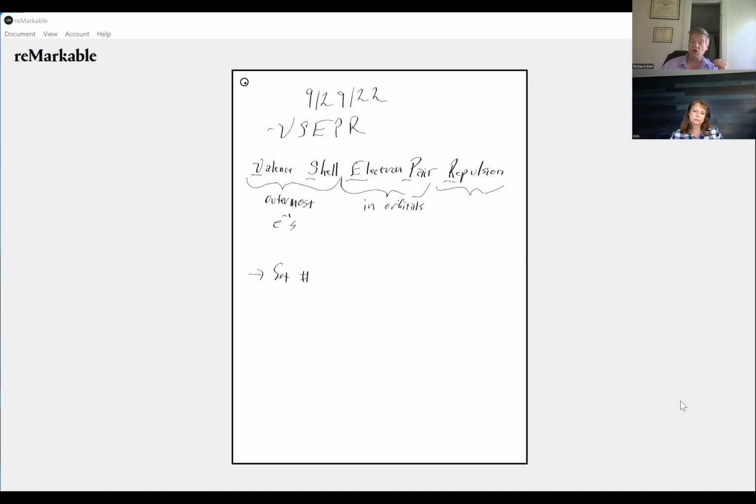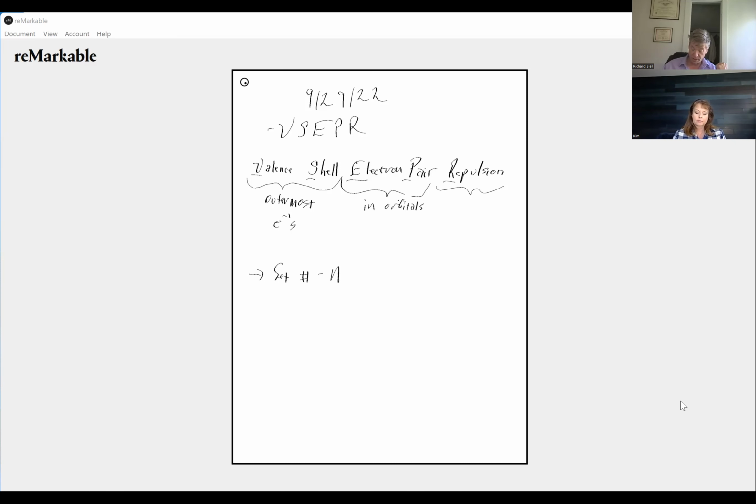I've seen this called all kinds of fancy pants names that sound far more professional, far more technical than set number. I don't go for that kind of jazz. I'm going to call it set number. The set number is simply the number of things arranging themselves around the central element. Okay, the number of things arranging themselves around the central element.